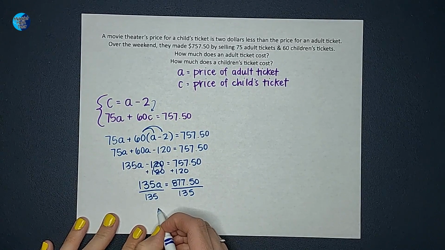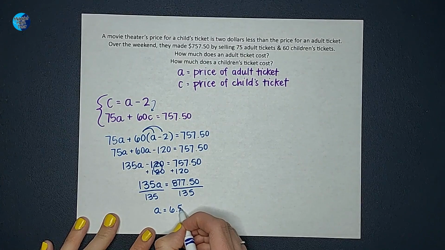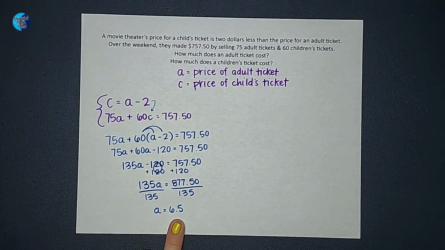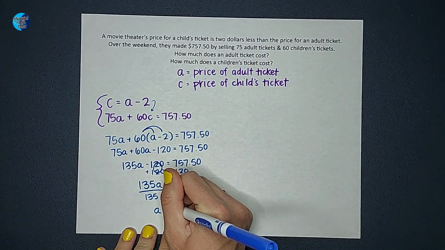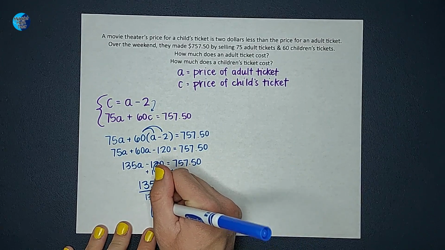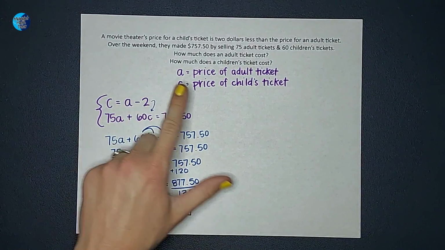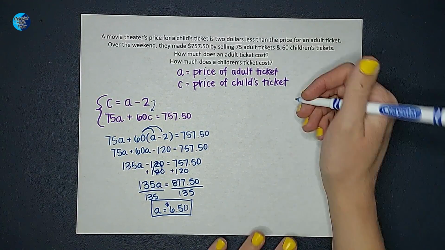And I end up with A equals 6.5 if you plug that in your calculator. But this is money, so I'm going to add a 0 so it looks more like money, and we can add a dollar sign. So I get A equals $6.50, which what does that mean? A was the price of an adult ticket. So an adult ticket is $6.50.